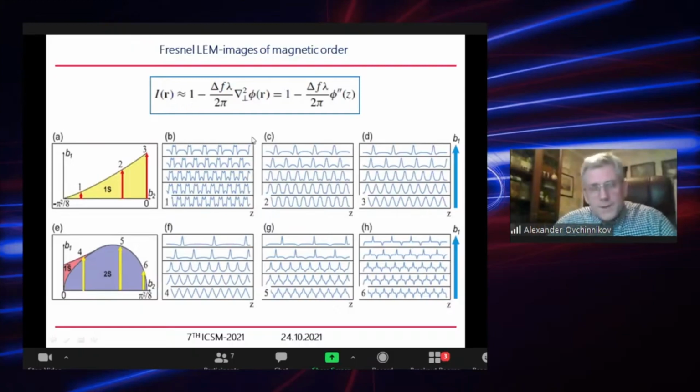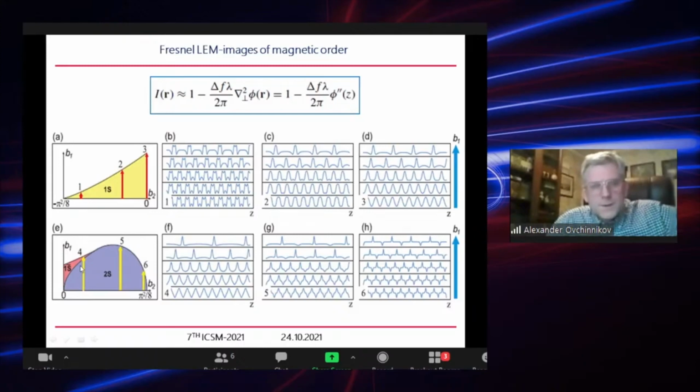To find out how tensile deformations affect the intensity profile of Fresnel micrography, we perform scans of the phase diagram along the directions shown here by red arrows 1, 2, 3 to investigate the 1S phase.